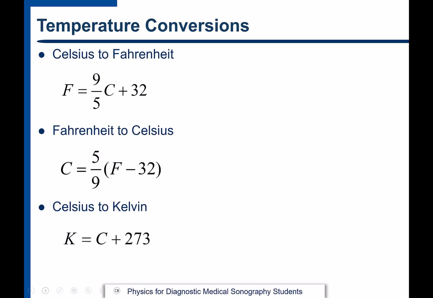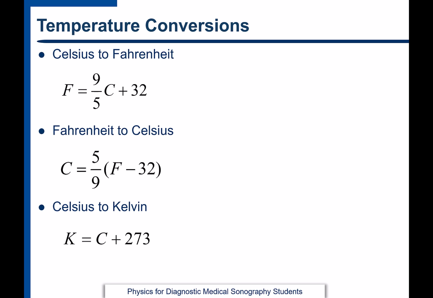Here are the conversions between Celsius and Fahrenheit and between Kelvin and Celsius that we covered earlier in the course, but we'll just review them here. Again, now we understand why we have these fractions here when we're going between Fahrenheit and Celsius. It's simply because 1 degree Fahrenheit is not the same size as 1 degree Celsius.